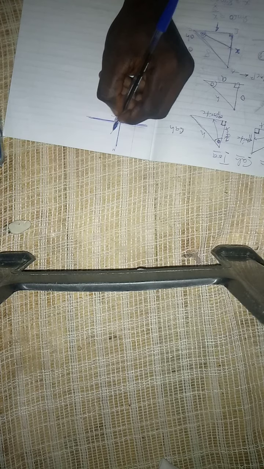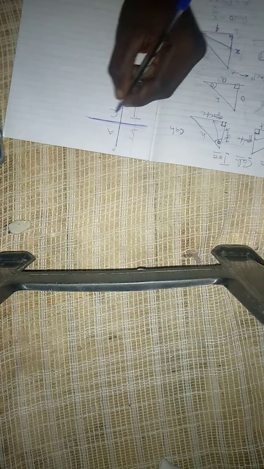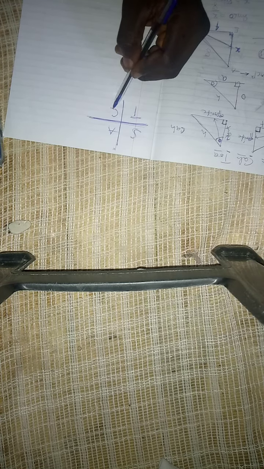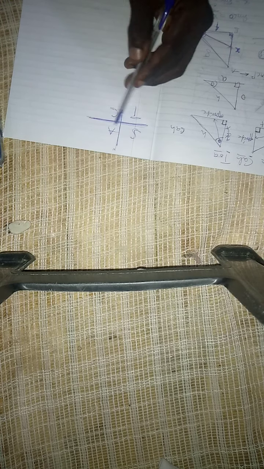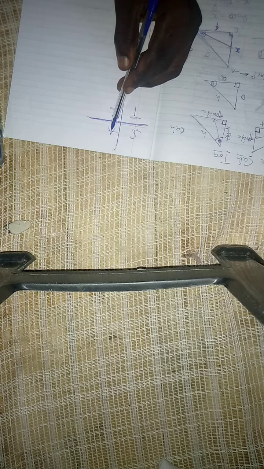To remember, we use what we call CAST. Just put it at the back of your mind. This is how we do it. This is CAST, C, A, S, and T. This A means all.